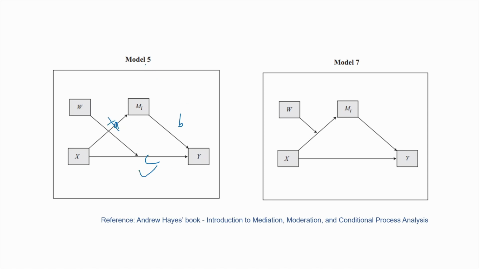In this case, it's model 5. In contrast, it could be that only the A part is significant but the C part is not. In this case, it's model 7. All these model numbers are based on Andrew Hayes' book. So if you want to learn more about mediation and moderated mediation, you can find this book to study more.